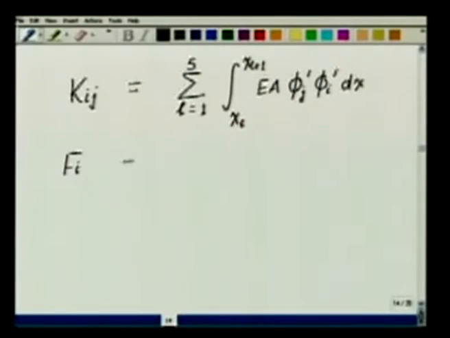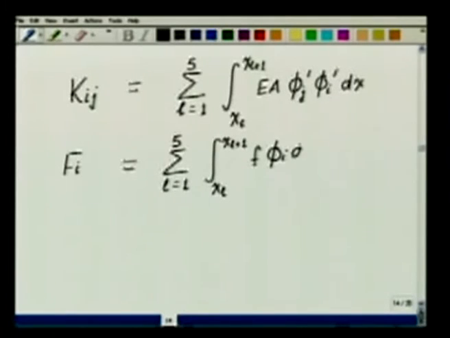What is the entry of the load vector F? We will get Fi equal to the summation from L equal to 1 to 5 of the integral from xl to xl plus 1 of f phi I dx, plus p phi I evaluated at x equal to L.